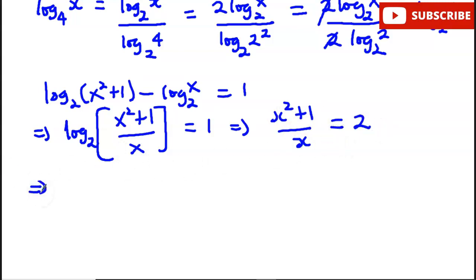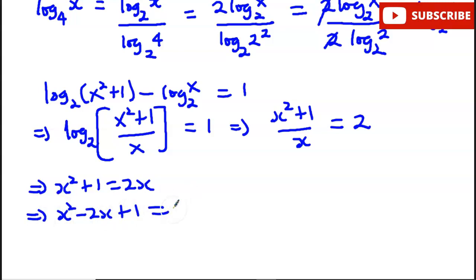So this implies that x squared plus 1 is equal to 2x. So x squared minus 2x plus 1 is equal to 0. And this is a perfect square.